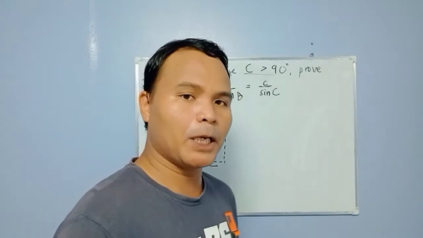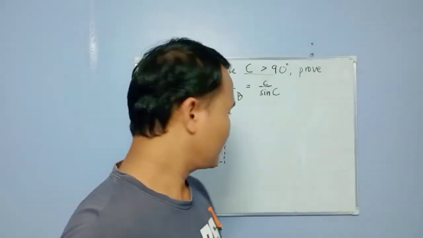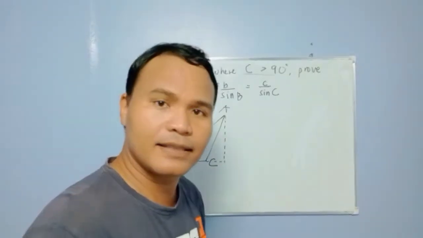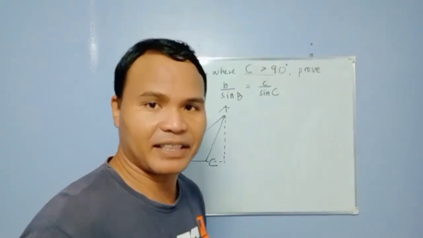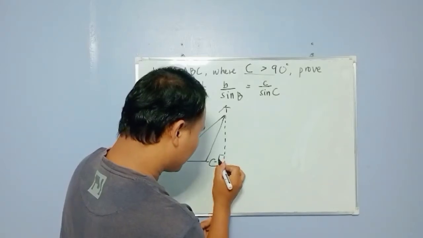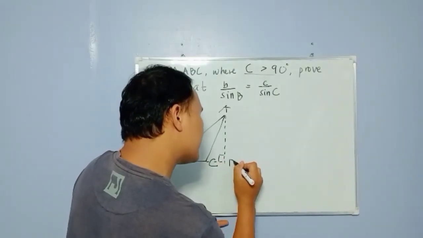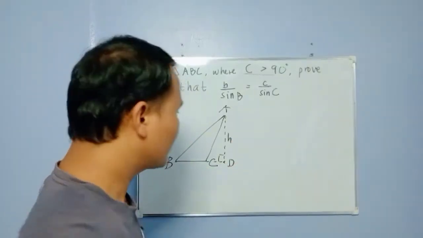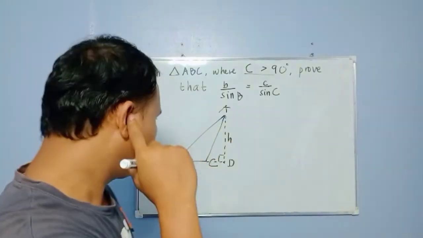When two lines are perpendicular, the intersecting lines form a right angle. So here, this is now a right angle. Let's say the point here is D. This is our height.